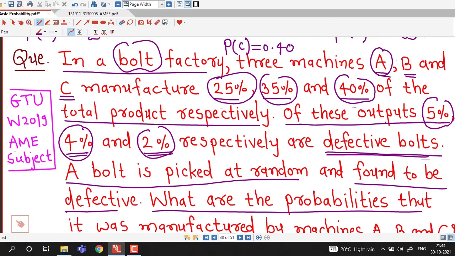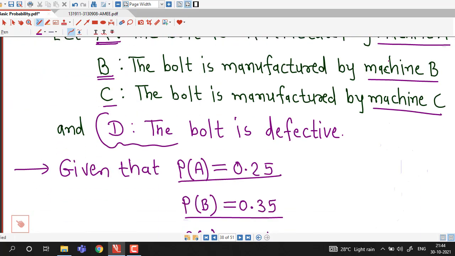Here it is given that 5%, 4% and 2% respectively are defective bolts out of these three outputs of machines A, B and C. That is, 5% of the bolts are defective provided they are manufactured by machine A. So if we consider the probability that the bolt is defective given that it is manufactured by machine A, then this probability is 5%, that is 0.05.